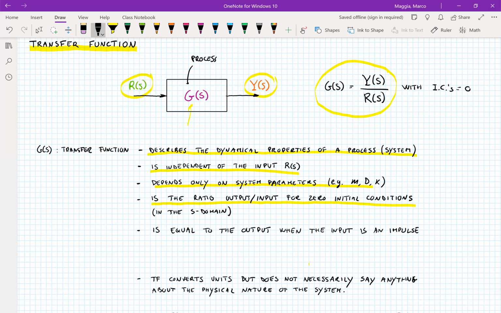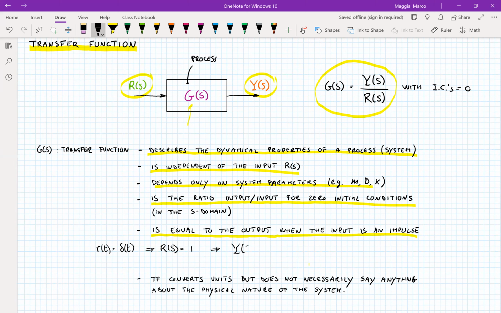Since G of s is equal to Y over R, if R is simply 1, then G of s is equal to Y of s, or in other words, the transfer function is equal to the output when the input is an impulse. Let me just prove it to you. If the input is an impulse, that is the Dirac function delta of t, in the S domain, R of s is transformed into simply 1.